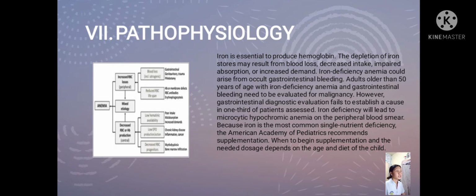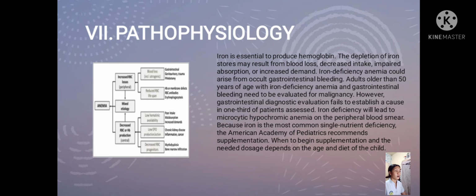Number 7 is pathophysiology. Again, this is the picture of my pathophysiology. Iron is essential to produce hemoglobin. The depletion of iron stores may result from blood loss, decreased intake, impaired absorption, or increased demand. Iron deficiency anemia could arise from acute gastrointestinal bleeding.